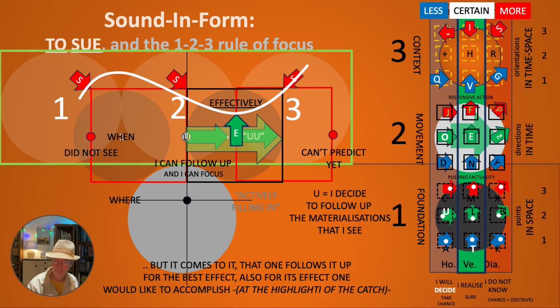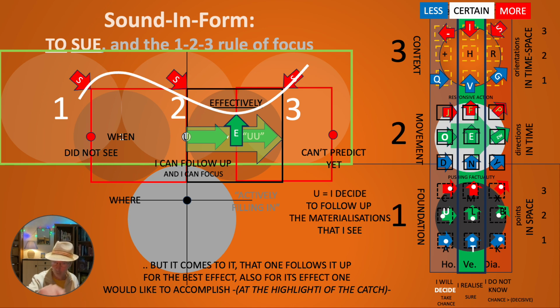We also have extra attention to get the effect that we want to accomplish at the highlight of the catch, as a matter of speaking. So we're following up, let's say, the prey from space in time, but with the most emphasis on what will have the best effect, what will have the most effect.